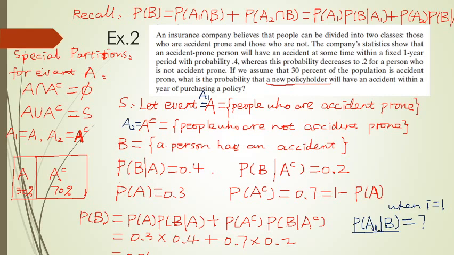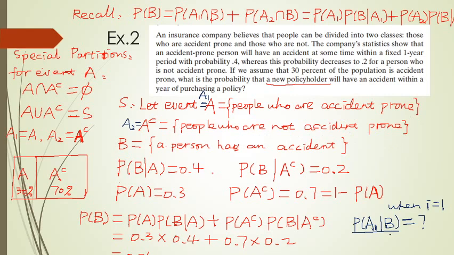From common sense, we understand that if a new policyholder had an accident, the probability that the person belongs to the accident-prone type will be higher than that of the not accident-prone type, right?